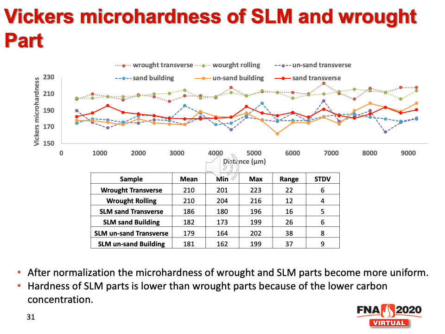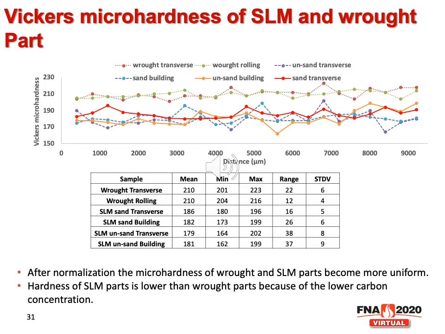Also, the micro-hardness of the normalized part is very uniform in both the transverse and building directions. However, the micro-hardness of the normalized selective laser melted part is much lower than that of the as received part, which is due to the phase transformation from tempered martensite to ferrite plus pearlite.